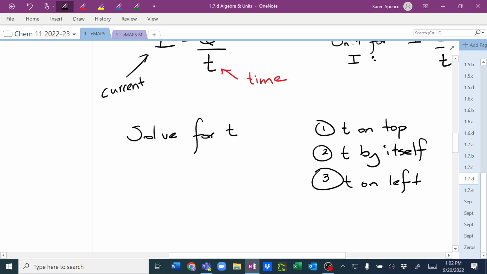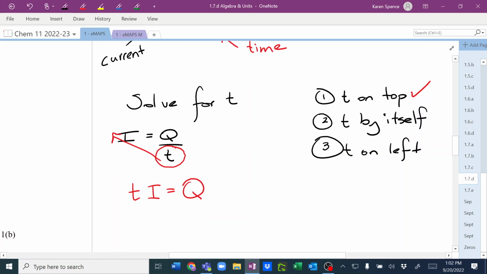So we have I equals Q over T. Is T on the top? No. We can bring it to the top by moving it up to the other side, because right now it's on the bottom. If we move it to the other side and put it on the top, now it'll be on the top. So now we have T times I equals Q. So T is on the top.